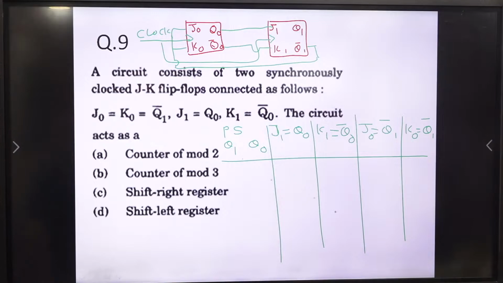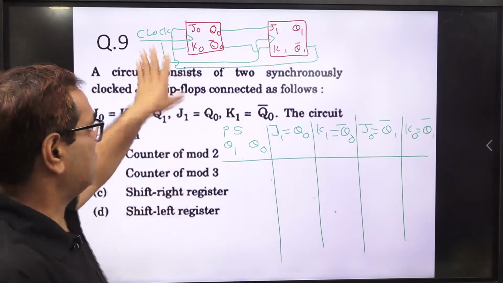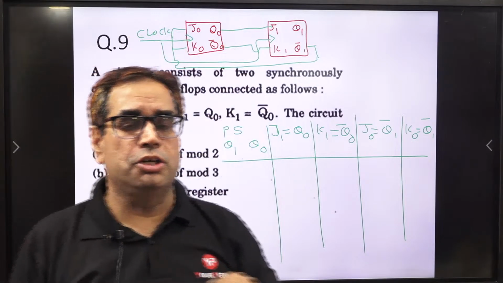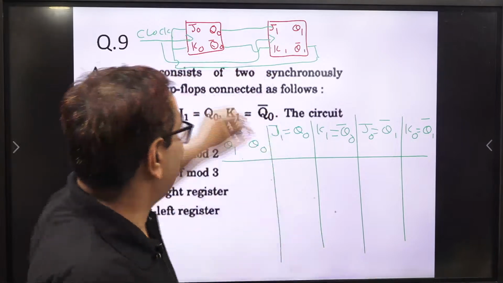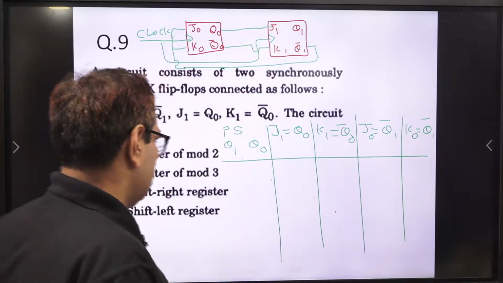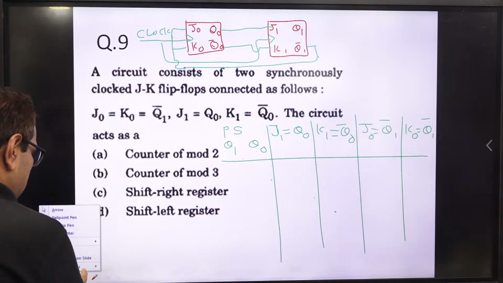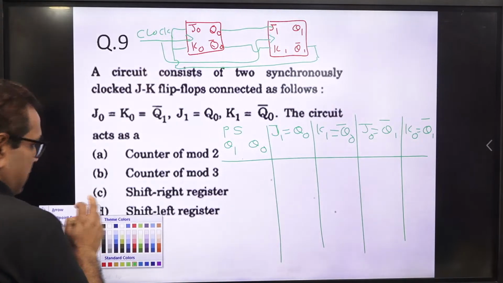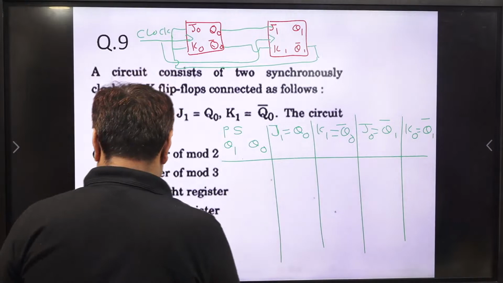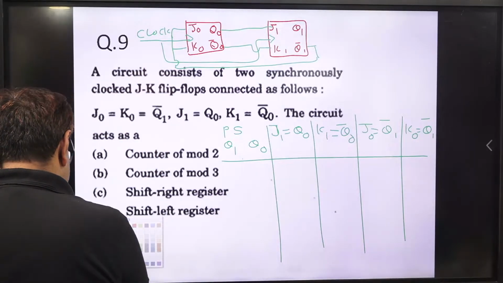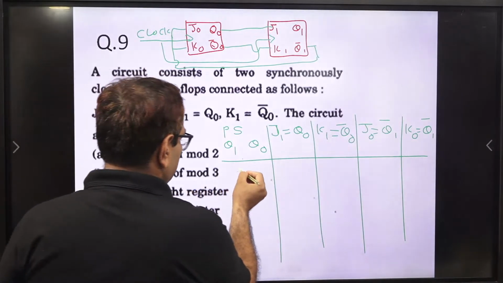Now assume that initially this counter is in 0 state. Both are 0. Suppose we have assumed that both the flip-flops are initially reset. So we take 0 0 as the present state.